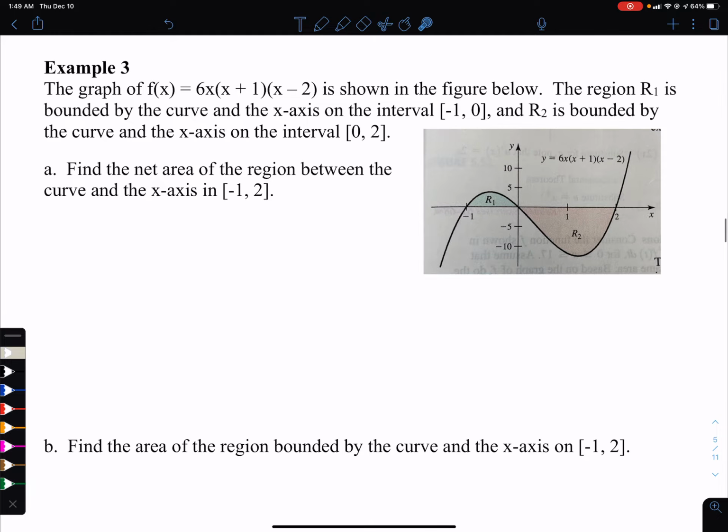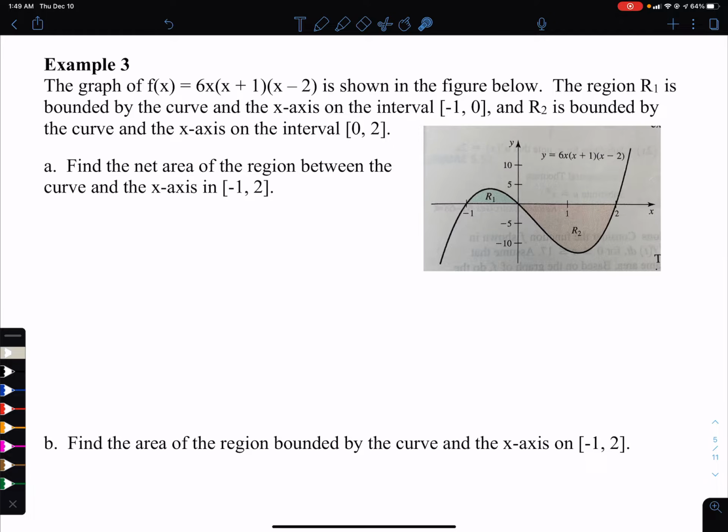So we have the graph given to us of this. The region R1 is bounded by the curve and the x-axis, so it's that and the x. And R2 is the curve and the x. They want us to find the net area of the region. Okay, I can do that.